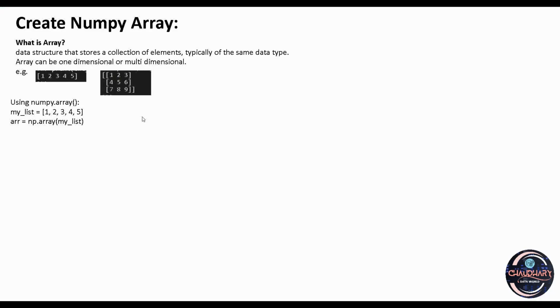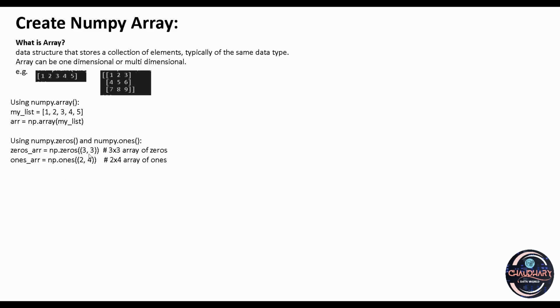Fine. Now we have another one, creating an array with the value 0 in it or the value 1 in it. Creating an array with value 0 is done with the method zeros. And if you want to create an array with value 1 in it, that is with the method ones.